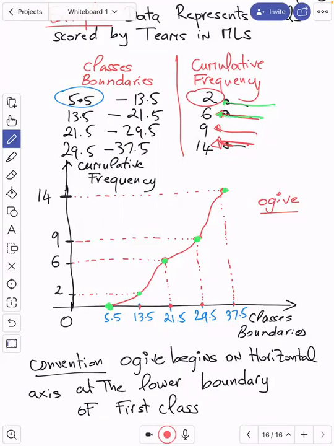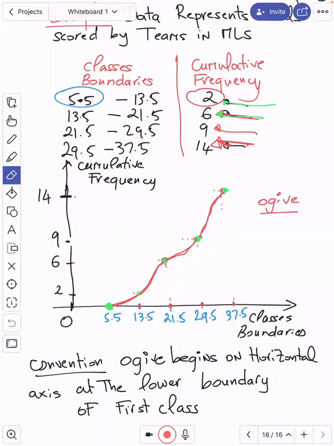So this curve right here, that's what I call the ogive of this data. Okay, this is your ogive.